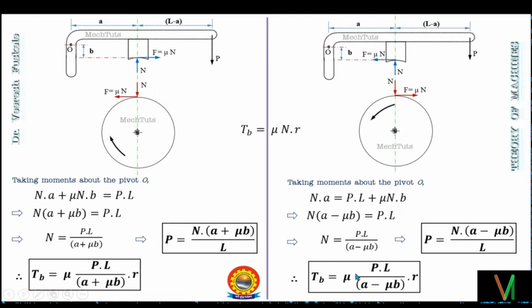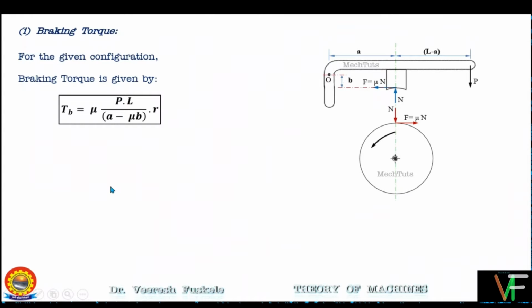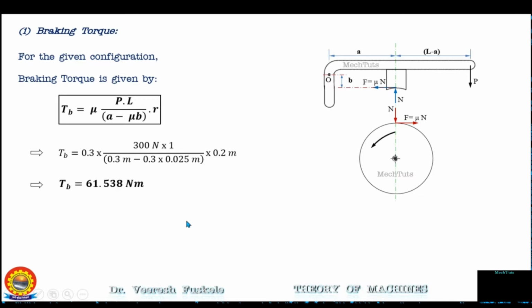So directly putting the values of various given parameters in this equation, we have TB equal to mu is 0.3, force applied P is 300 Newton, length is 1 meter, then A is 0.3 meter, mu is 0.3 and B is 0.025, and similarly R is given as 0.2 meter. So from here we can directly get the value of TB as 61.538 Newton meter. So this is the other way by which we can solve the problem.